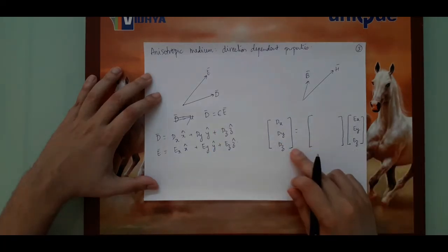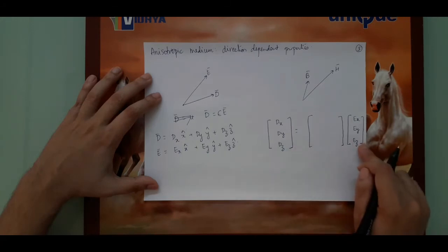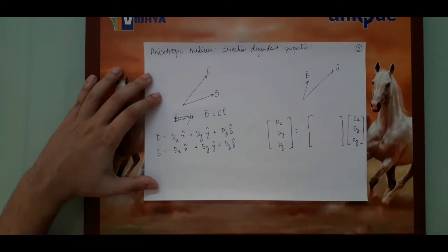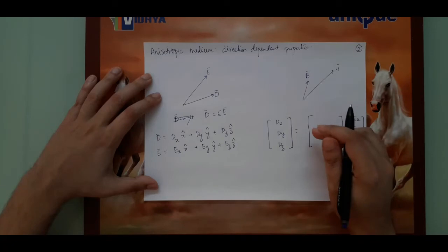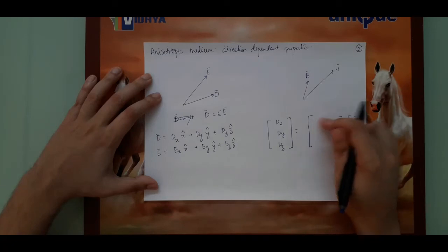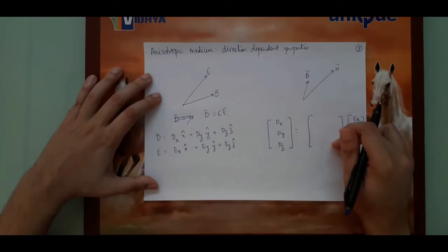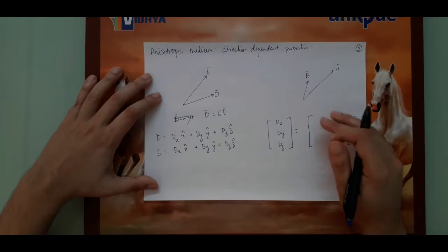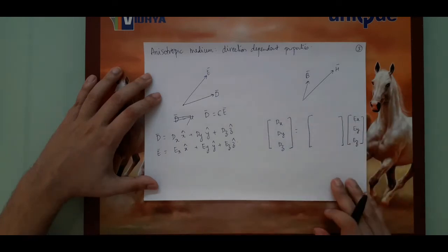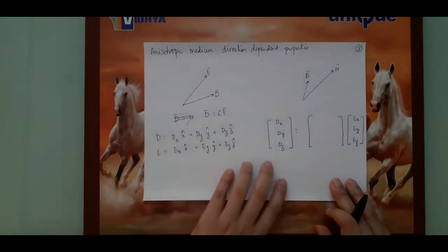So this is a 3x1 matrix, this is also a 3x1 matrix. Therefore this should be a 3x3 matrix, where we are writing the different components of epsilon using the components of x, y and z parts as functions of x, y and z axis respectively.